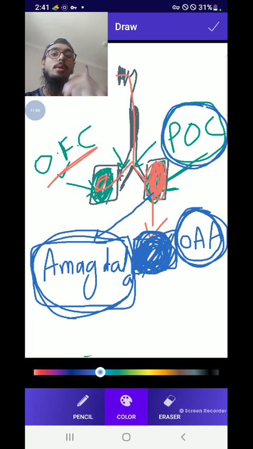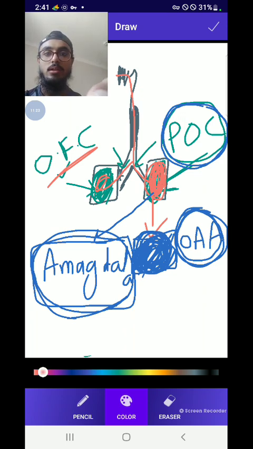And the primary olfactory cortex, how the information enters and how the information goes, and what part of the brain receives the information of the smell, and how we respond to the smell. Here is one clinical importance when there is damage to this pathway.